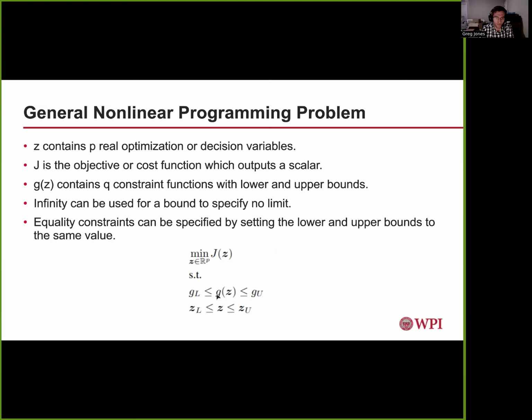This g function is a function of the optimization variables and could represent the dynamics that need to be satisfied, and then the optimization variable bounds would be like the bounds on the joint states and torque limits.